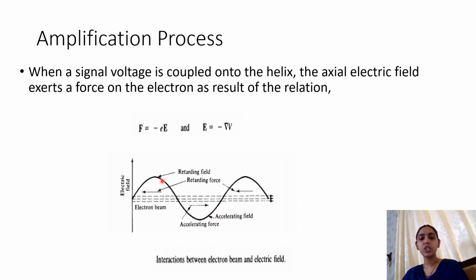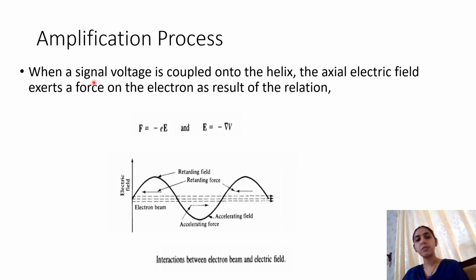So when the electrons are more subjected to this retarding field, a retarding force acts on them and the electrons will be forced to give their kinetic energy to the field on the tube. So at the end we get an amplified signal. So the electrons are forced to give their energy to the slow wave structure. The interaction between the RF field and the electron beam takes place maximum and at the end we get an amplified signal.